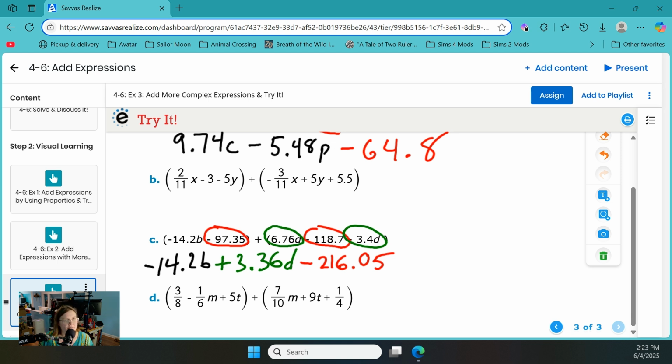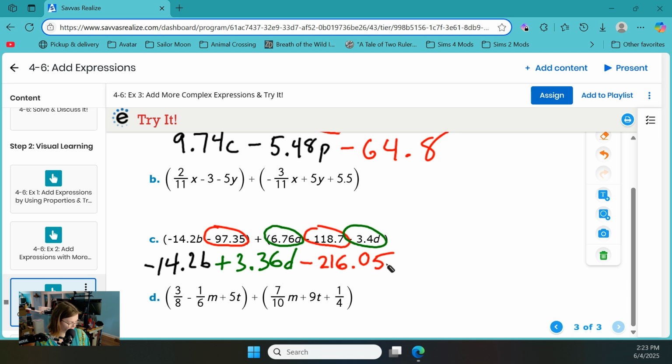All right, I'm going to work out question D next. So, and I'm going to show you a slightly different way of working out these problems that my students last year really liked. You don't have to do it this way, but some of you may like it more. So, in this expression, I notice I am dealing with fractions, but I notice that I have like terms for everything.